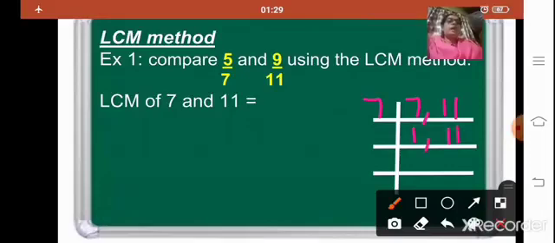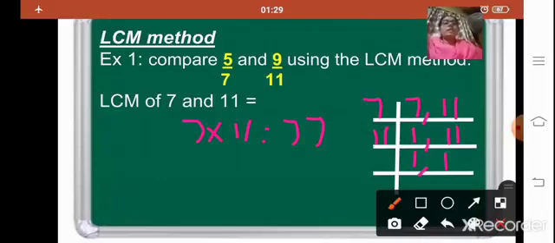You'll write 11 as it is. 11 is also a prime number. 11 ones are 11. So what is your LCM? Your LCM is 7 into 11, that is 77.